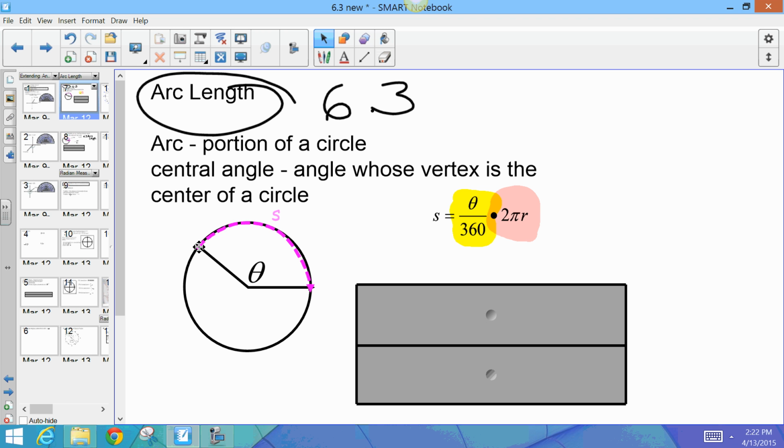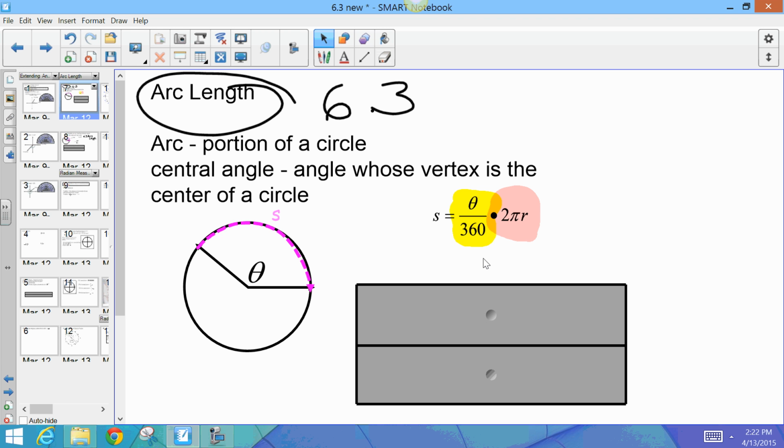Now, if I wanted to find the length of that arc, which we're going to call its length S, what I might want to do is, first of all, find the ratio of whatever that central angle is to the number of degrees in a circle. And of course, there are 360 degrees in a circle.